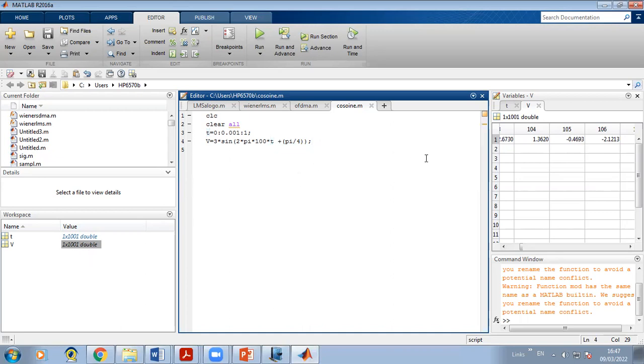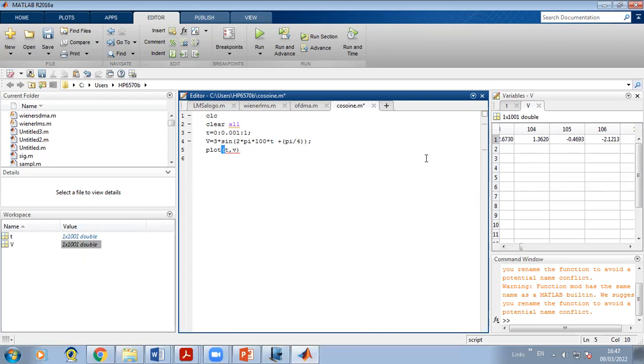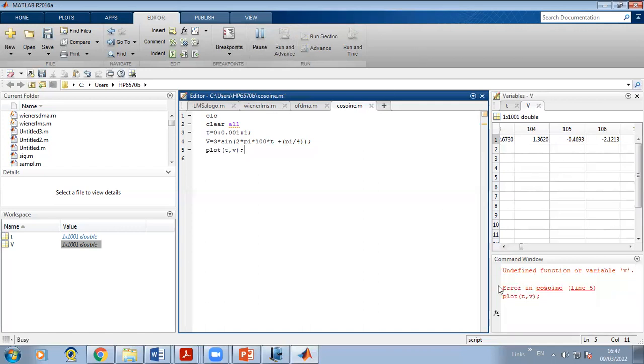Okay, so now we have to plot it. So it is x, that means independent variable, with respect to t. So if I run this, plot t with undefined function, sorry, this should be capital, no? I think it is okay.